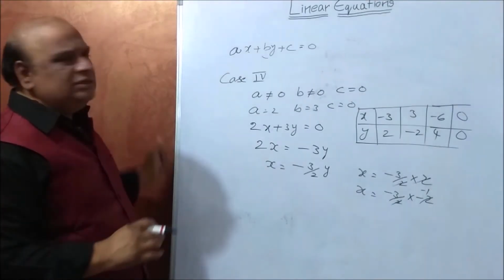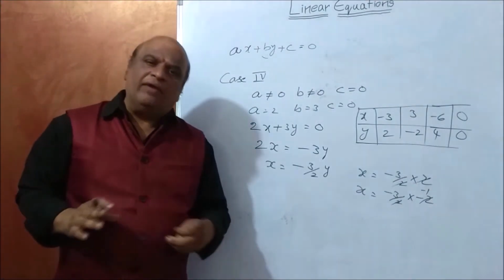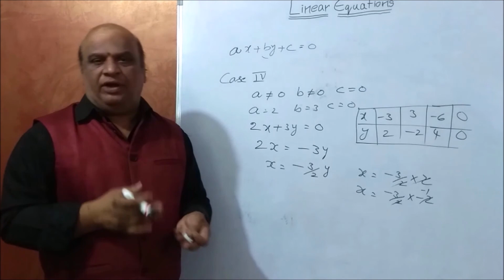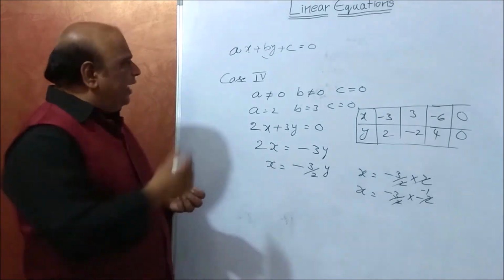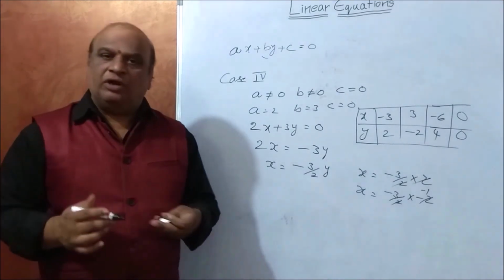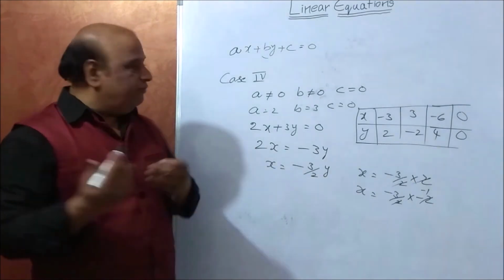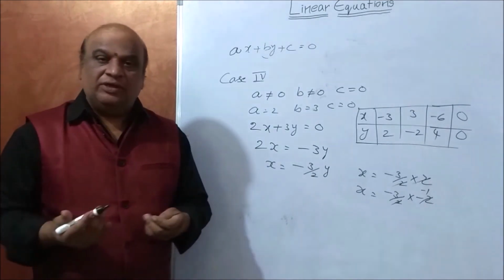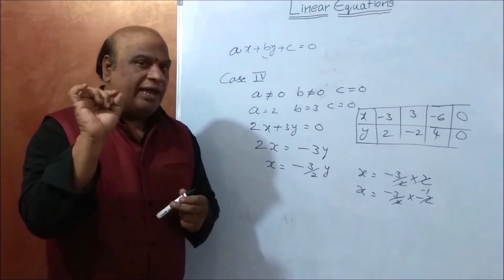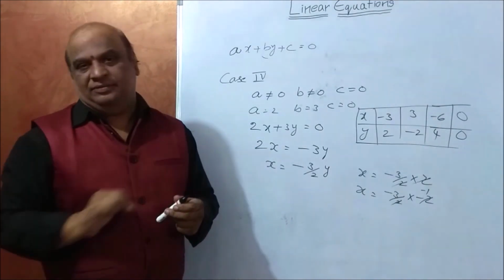Anyhow, my dear students, ultimately I want to explain this in this video. Ax plus by plus c is equal to 0. In all cases, if you observe the 4 cases, we can draw a line, we can show a line.